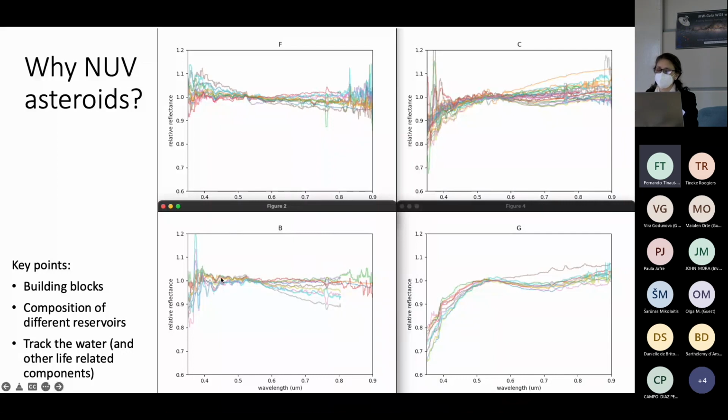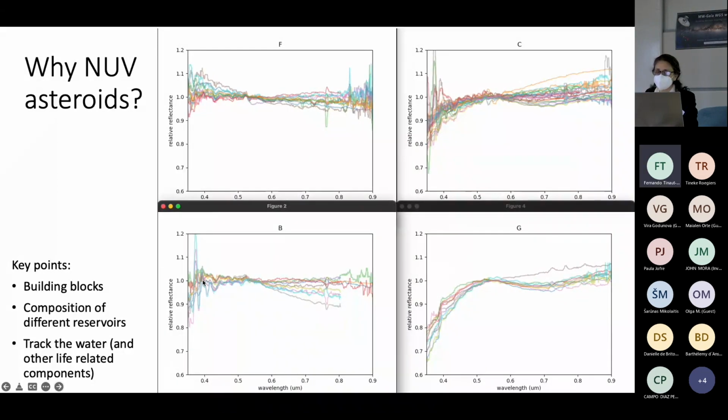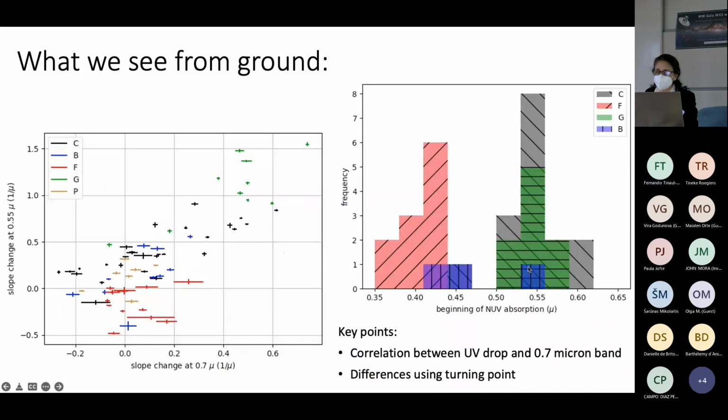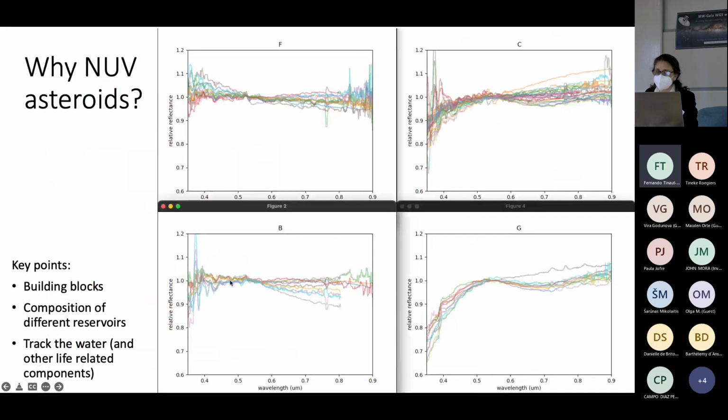So if we have a very noisy region in the spectra, it's quite difficult to classify some of them. Actually, for this one, I expect more that it is a P type and not a B type. In any case, looking at the general trend of the B types, I expect that some of them could begin going down at 0.5 something, but the big majority will begin here at 0.4.